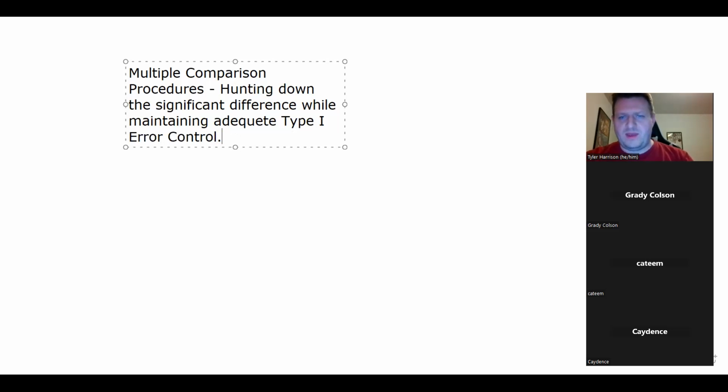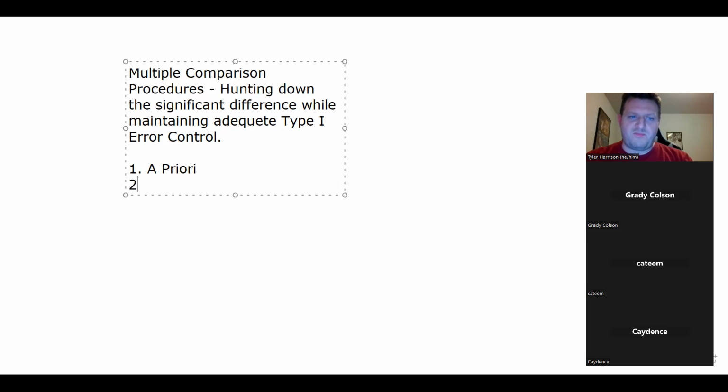All right. Now we mentioned that there were two major types of these. We have a priori comparisons and we have post hoc comparisons. A priori comparisons are comparisons that we make beforehand. We call these planned comparisons.